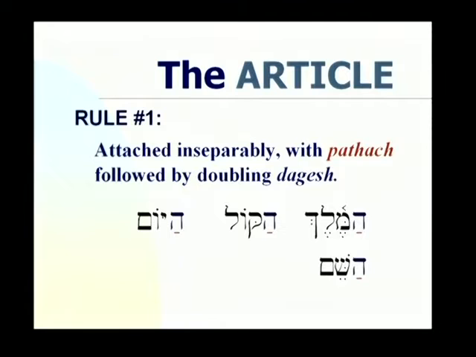With the article, Hashem means the name. Layla means night. With the article, Halayla means the night. Berit means covenant. Habberit means the covenant. Habberit.